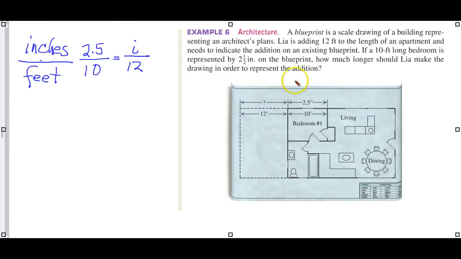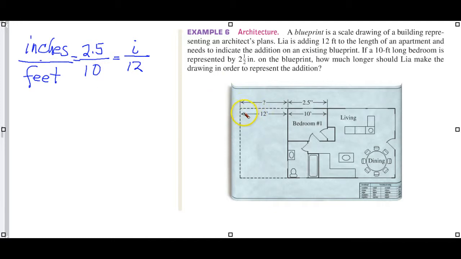So the key, when we are setting up proportions, is we must have a follow-through in our proportion of what we're comparing. Here we're comparing inches to feet. So we have 2.5 inches there to 10 feet.